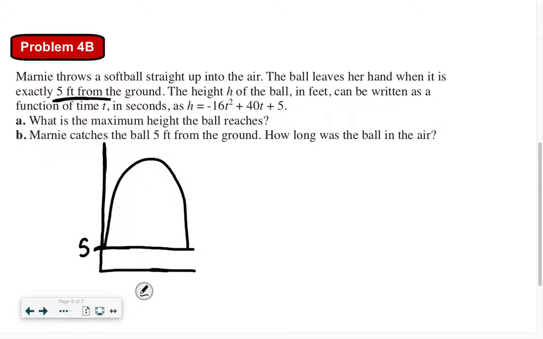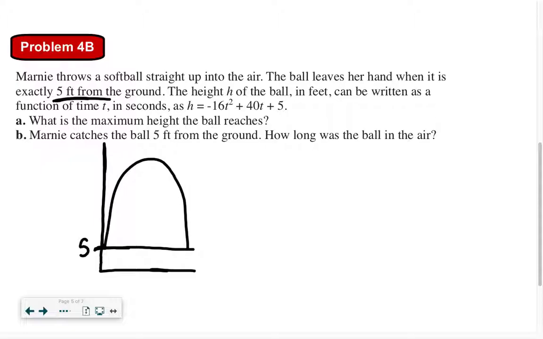So we're not starting at 0, we're starting at 5. I want to know the maximum height the ball reaches. And Marnie catches the ball 5 feet from the ground. How long will the ball be in the air?